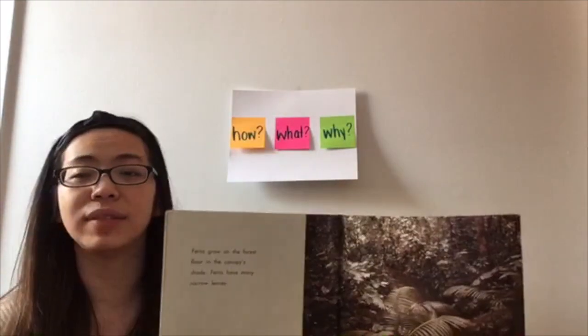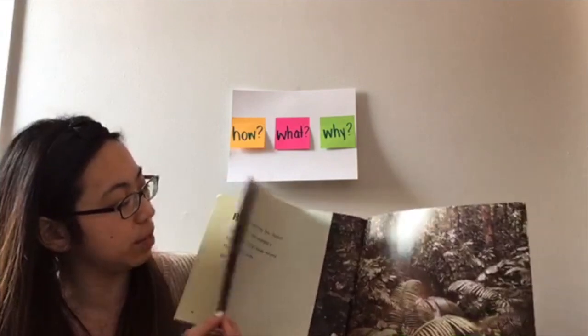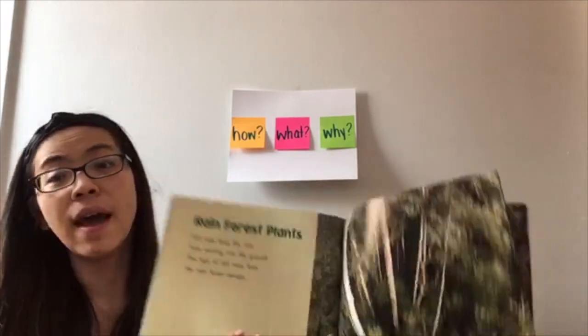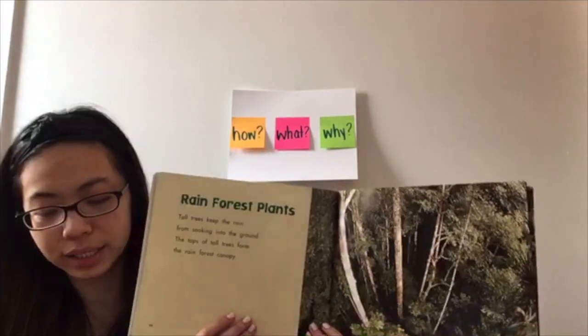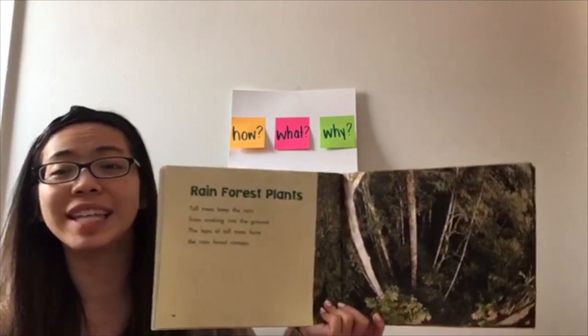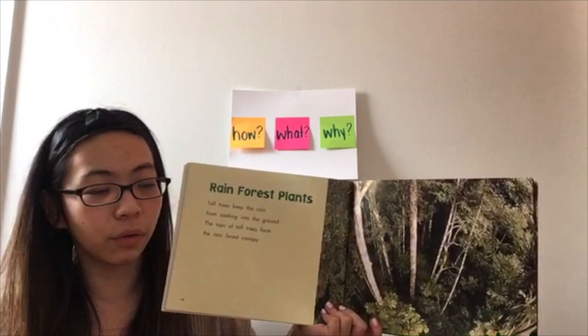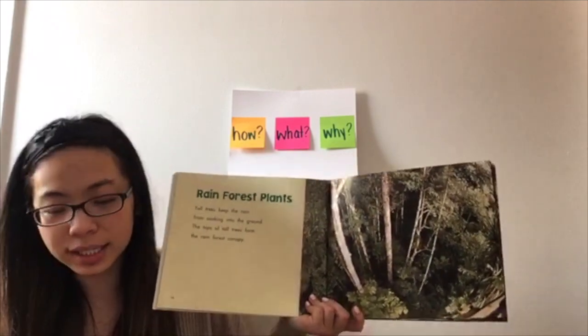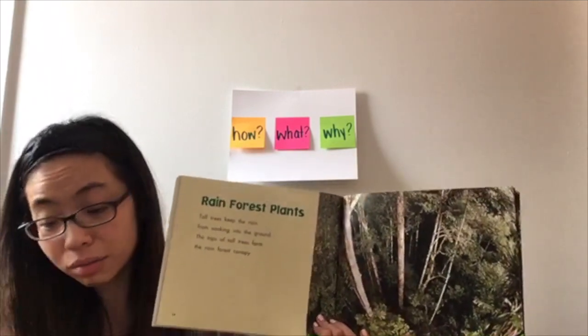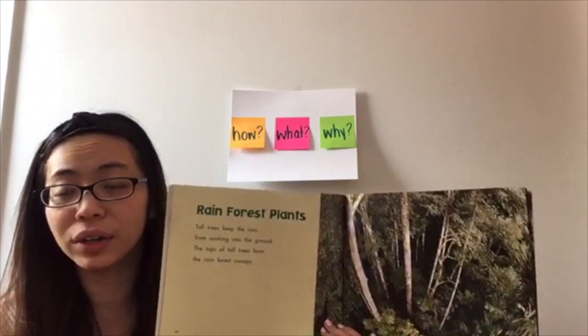Maybe something you could have said is that this part is teaching me about the different types of plants in the rainforest. You could also say that tall trees act as a canopy or like a cover for the forest, right? And also maybe keep the rain from soaking the ground, right?